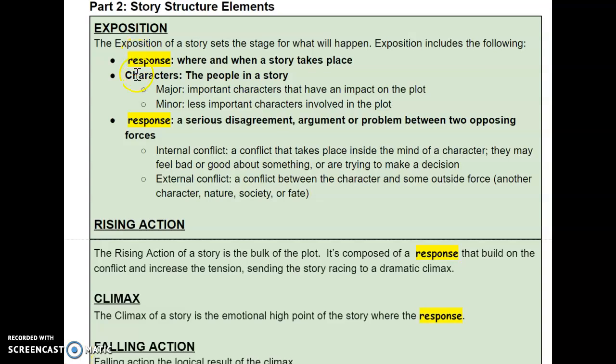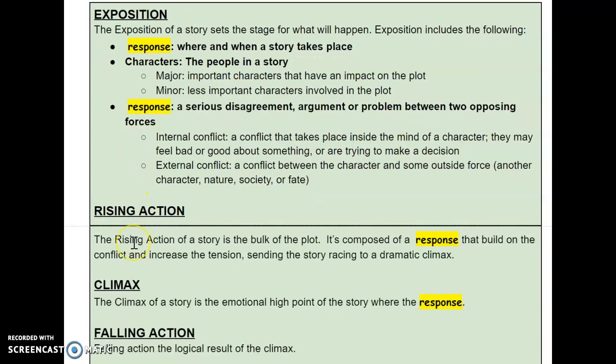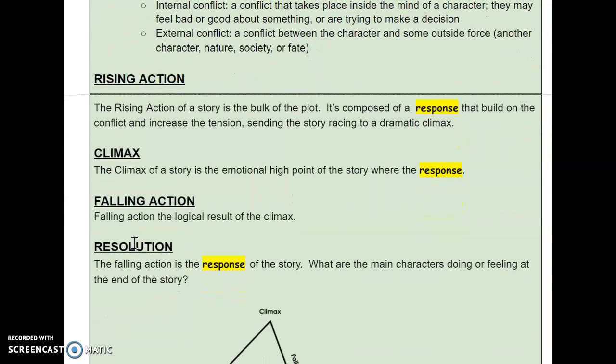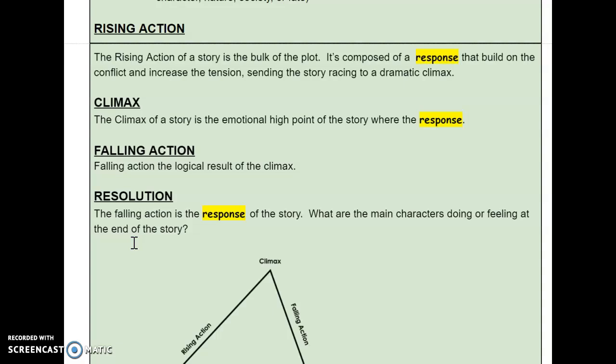Once the setting, characters, and conflict are established, then you typically begin the next phase of the story structure, which is the rising action. The rising action of a story is the bulk of the plot. It's composed of a series of events that build on the conflict and increase the tension, sending the story racing to a dramatic climax.